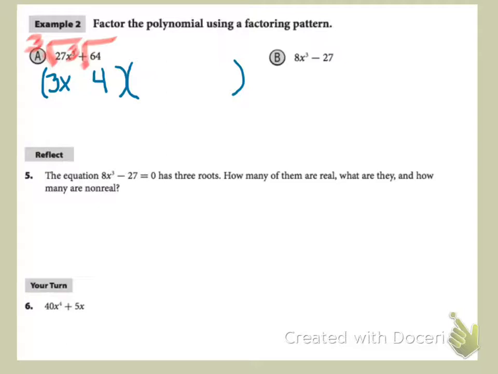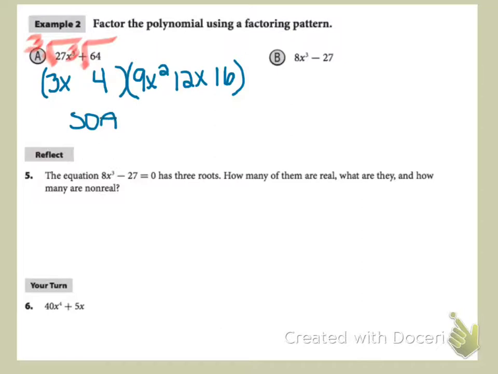Now in the trinomial, I take that first term, the 3x, and I'm going to square it, which gives me 9x squared. Then to get the middle term, I'm going to multiply those two terms, so 3x times 4 is 12x. And then to get the last term, I'm going to take the 4 and square it. I get 16. And then I'm going to fill in the signs using SOAP.